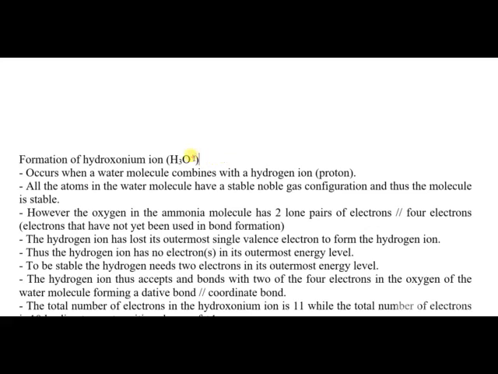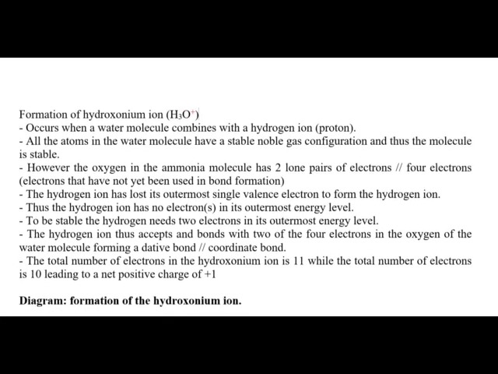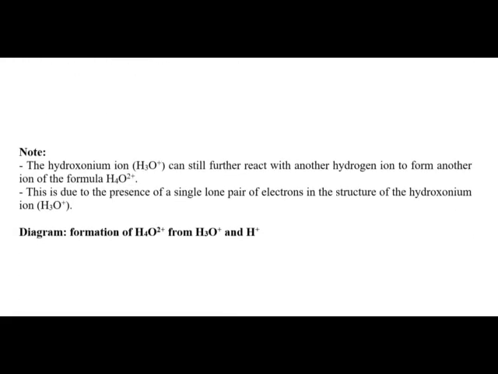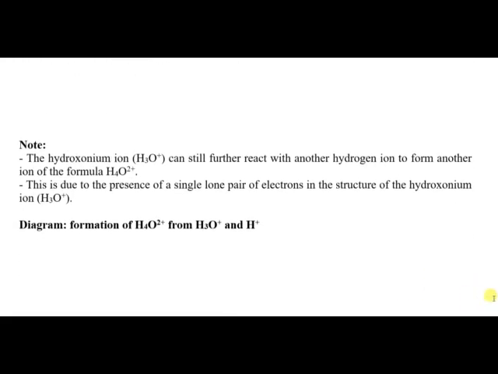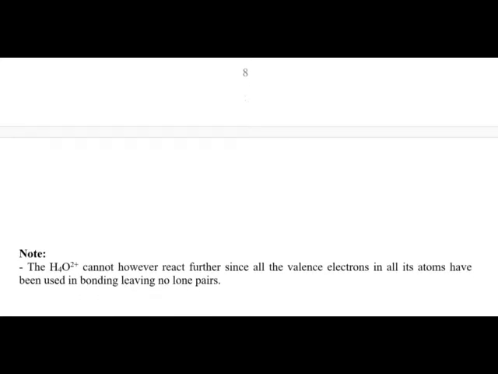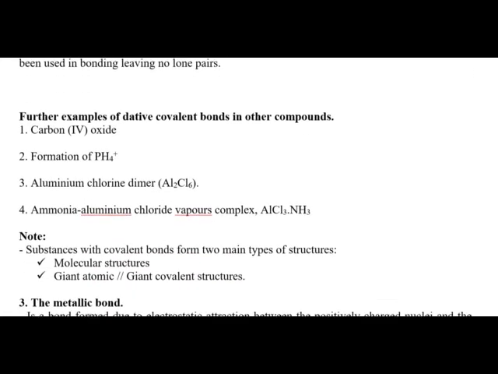Any compound which has a positive charge will undergo dative bonding. I will explain when I will be drawing the structures. We have more other examples, and I will give you more.